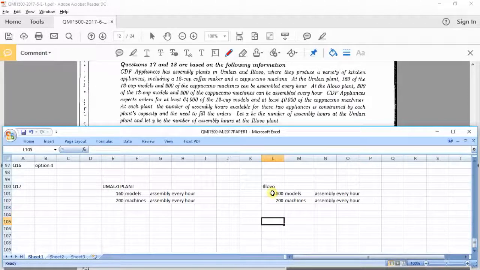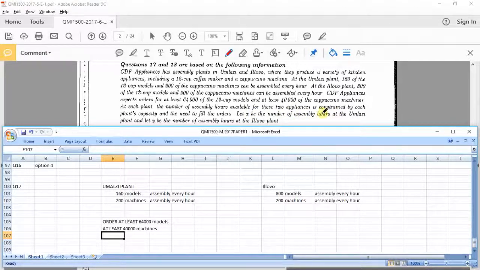CDF Appliances expects orders for at least 64,000 12-cup models and at least 40,000 machines. Okay, that's what I've just read.